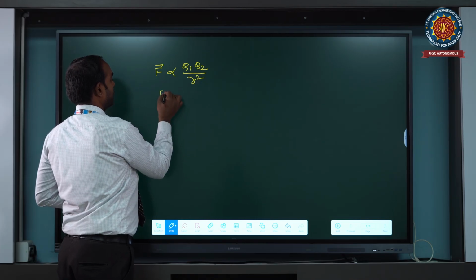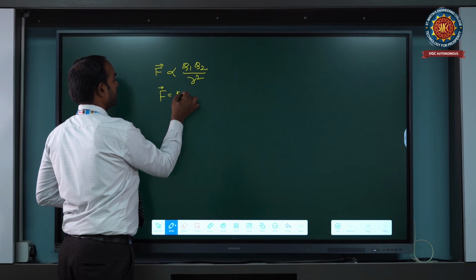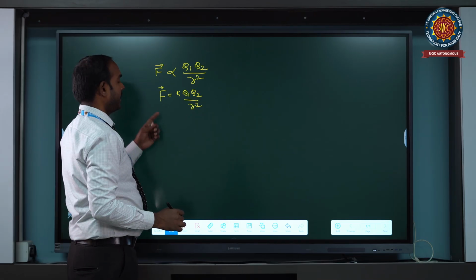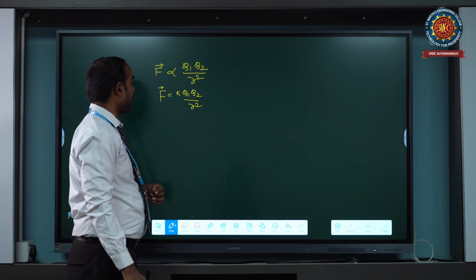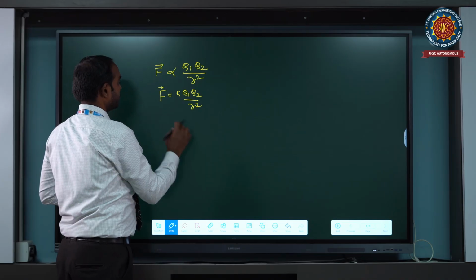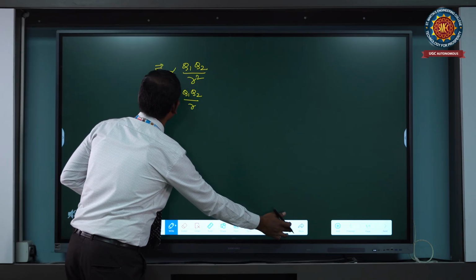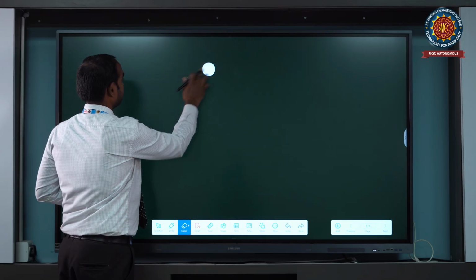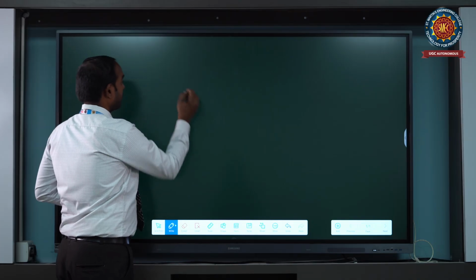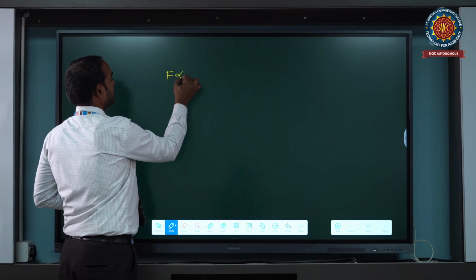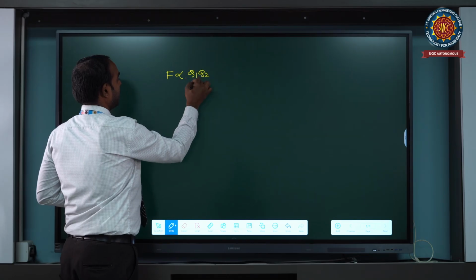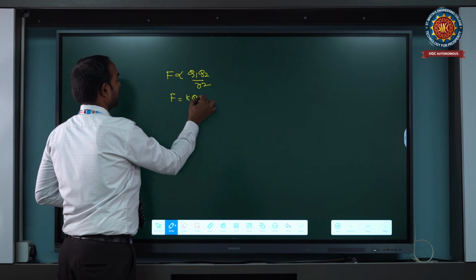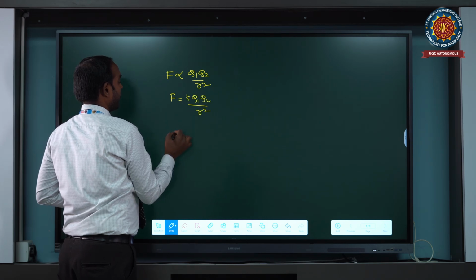So we write F bar is equal to K times Q1 Q2 by R square, where K is the constant of proportionality.